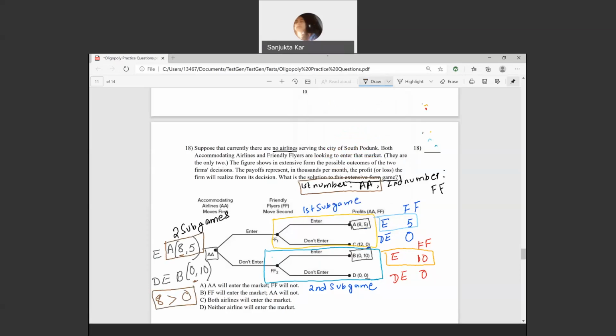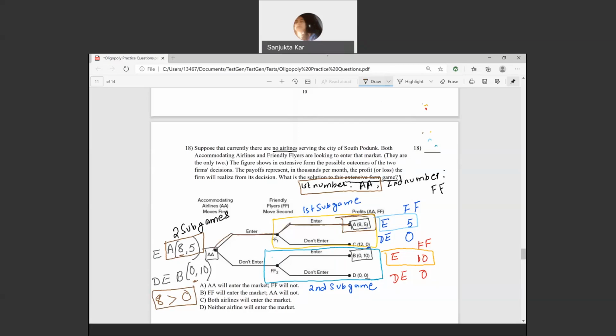So this is the outcome of this sequential form game. What's the solution here? The solution is both airlines are going to enter this market. AA is going to enter, followed by FF, who is also going to enter.